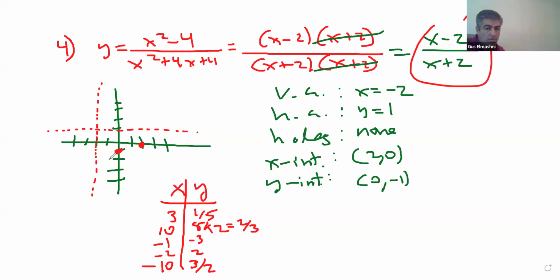How do you connect this to where it is on the graph? You plot the points, right? So I graph 10, 2/3, 3, 1/5 over here, -1, -3 is right here. So the curve does this, right? Because the asymptotes guide the graph.